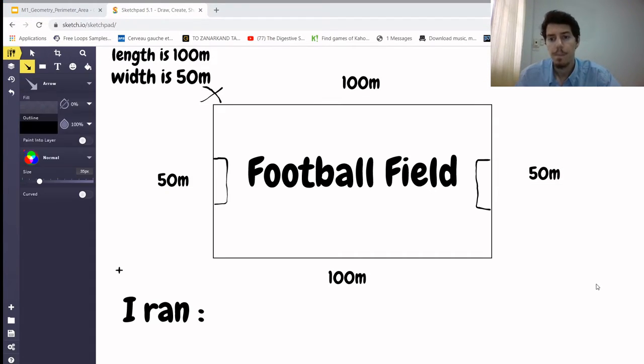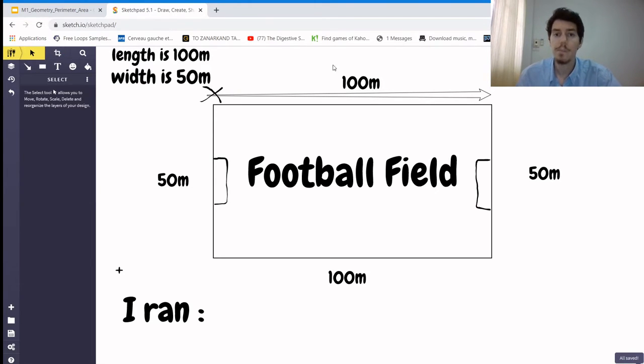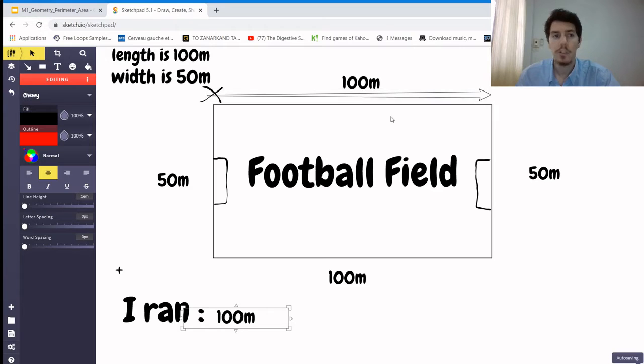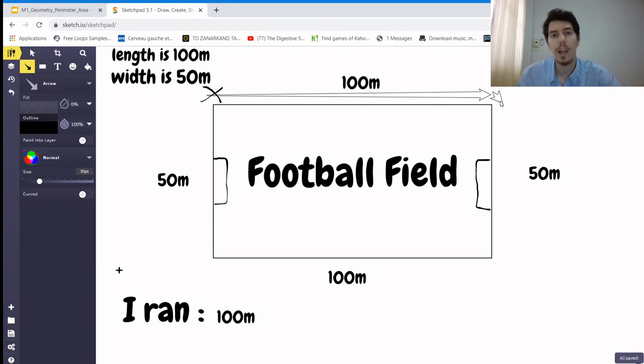So now let's run around the football field. I'm going to start here, and I'm going to run until this side here. So now I run 100 meters, one side of the rectangle. I stop here, I take a small break, I catch my breath, and then I run this side, 50 meters.